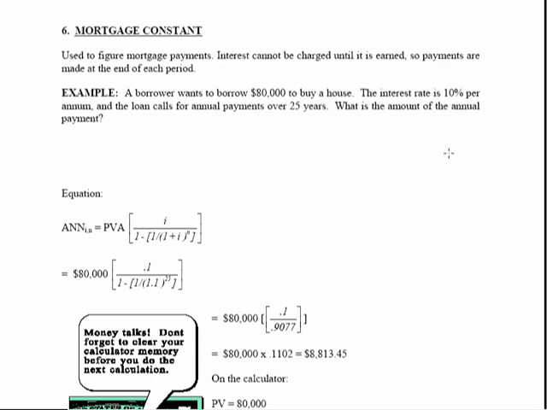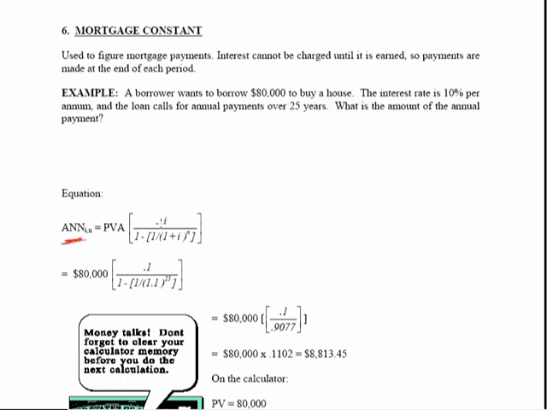Now, the formula for the mortgage constant, again, is a fairly ugly one, but the mortgage constant is an annuity. It's a constant payment every period, every year in this case. You multiply that times the present value of the annuity, the $80,000 amount borrowed in this case.